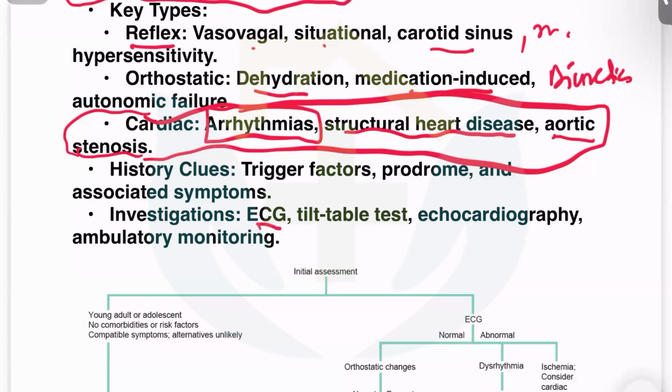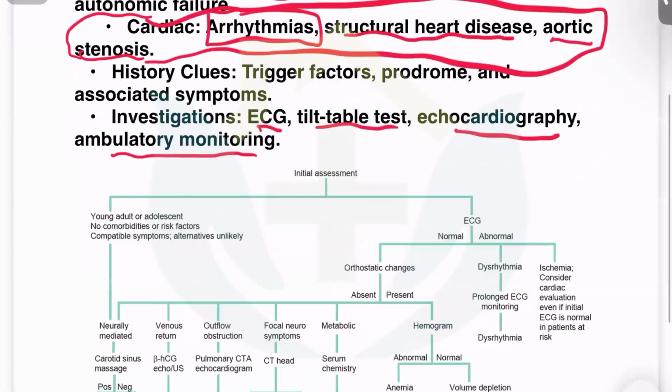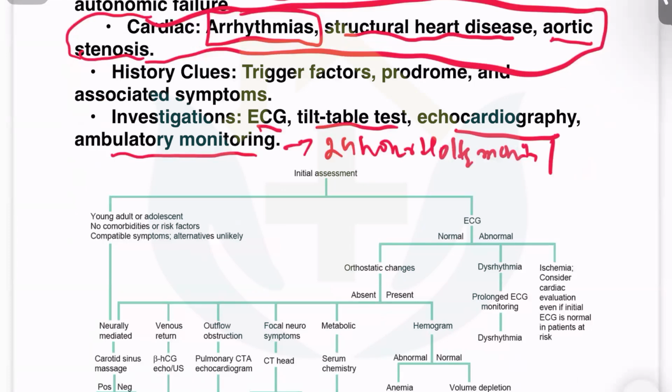We can do an ECG, a tilt table test, echocardiography, and of course, ambulatory monitoring of ECG, that is 24-hour Holter monitoring. Why do you want 24-hour Holter monitoring and any other ambulatory monitoring that we require in a patient who is being evaluated for syncope? Anyone? There are two ambulatory monitorings that are required.